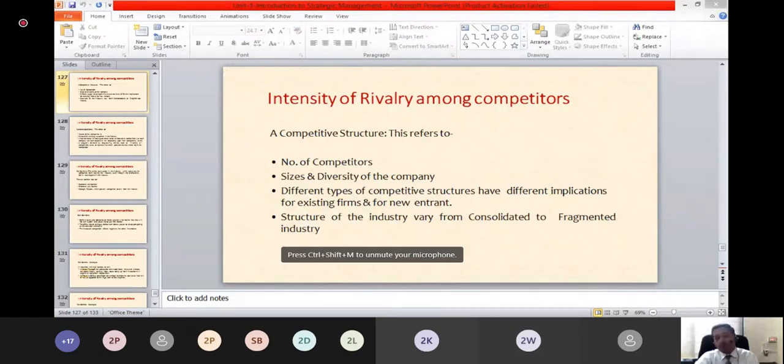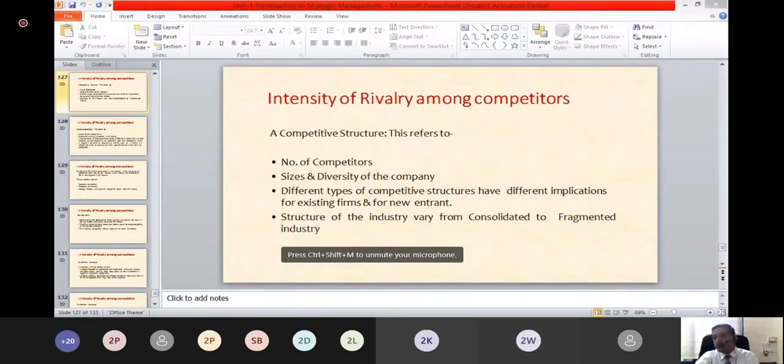Some industries are consolidated, where the companies are in a condensed form and each company is dependent on the others, coming together to form some type of association or consolidation.